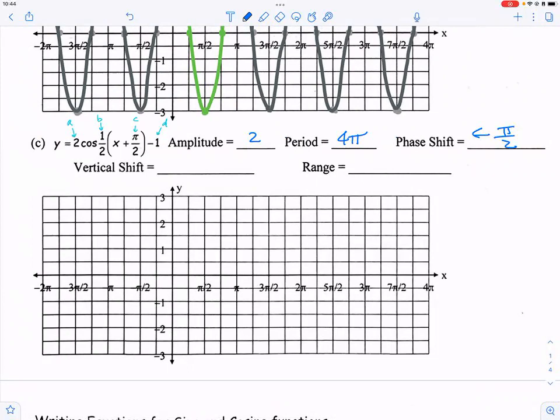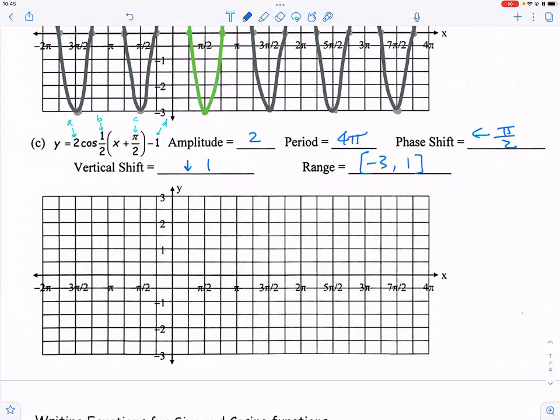The phase shift does not affect the period. Vertical shift down 1. So the range, originally it's -1 to 1, but there's a 2 sitting in front of it. So the amplitude's changed to 2, that means our new range is going to be from -2 to 2. And then we move down 1, so it becomes from -3 to 1.